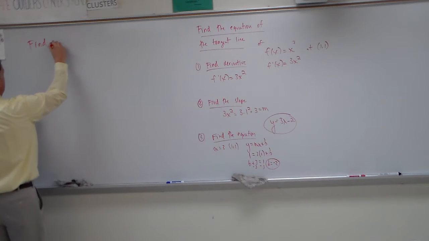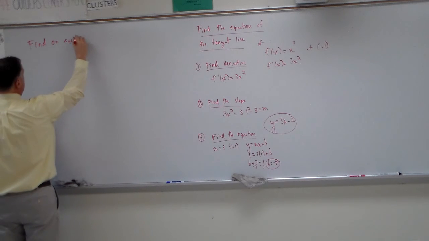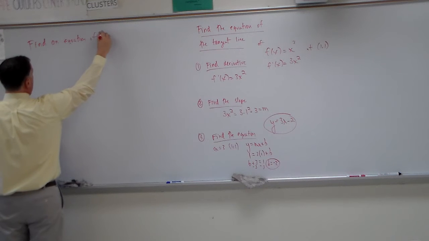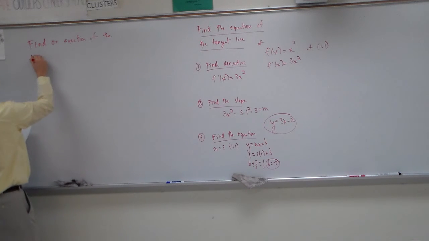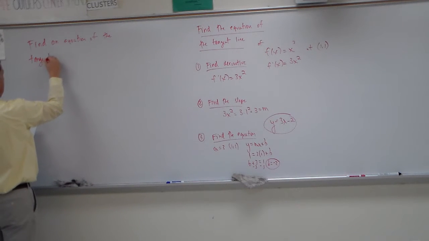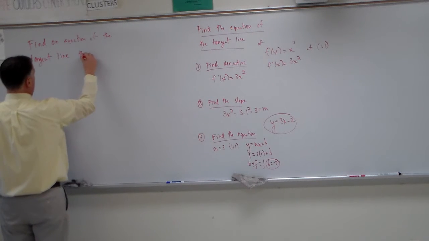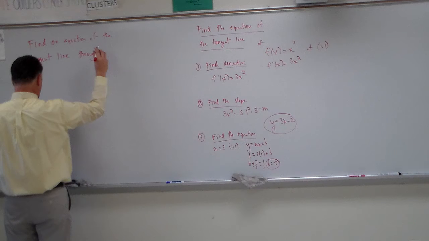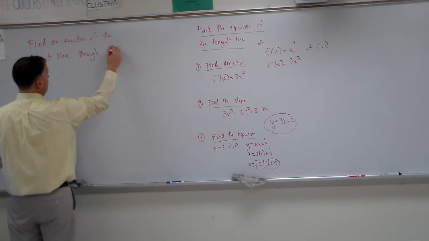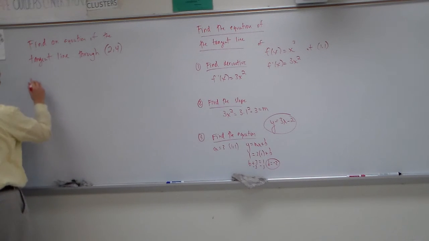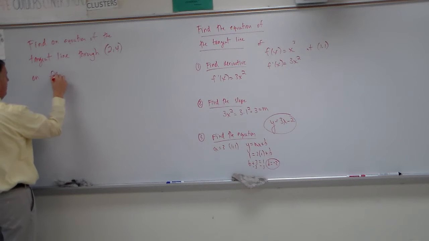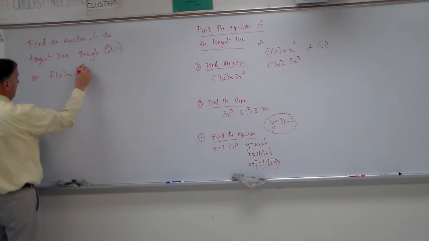Find an equation of the tangent line through (2, 4) on f of x equals x squared.